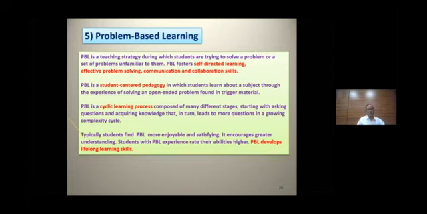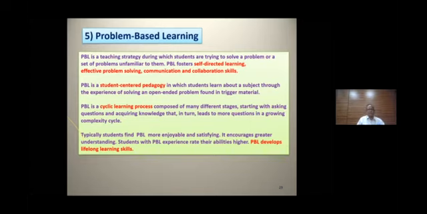Therefore, problem-based learning is very, very important, which will definitely enhance self-directed learning, effective problem solving, communication skills of the student, and even collaboration skills will also get enhanced if you have problem-based learning in practice.